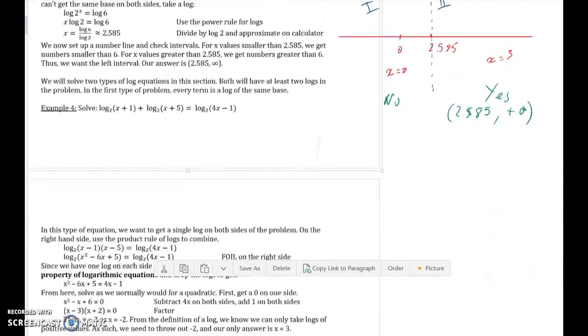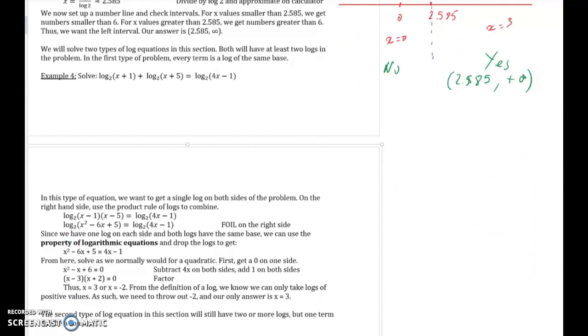In example number 4, first of all, what we're trying to do is use the rule of log.